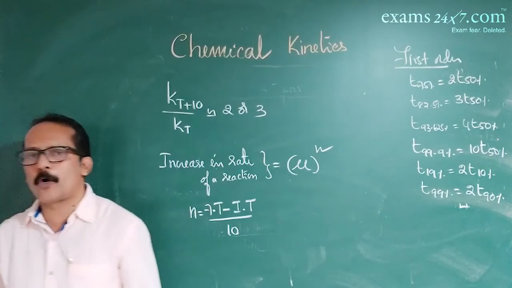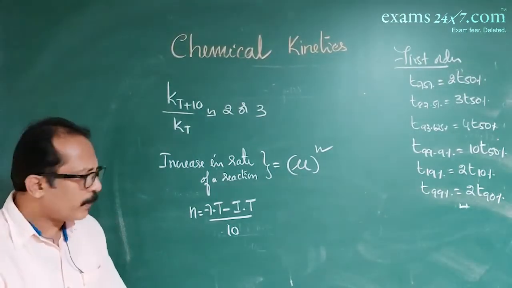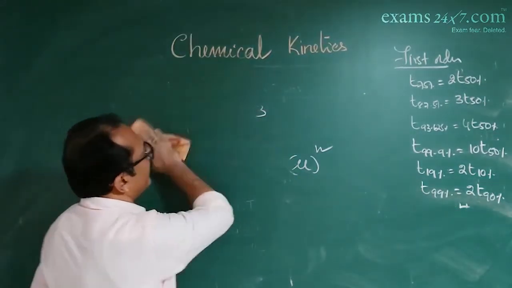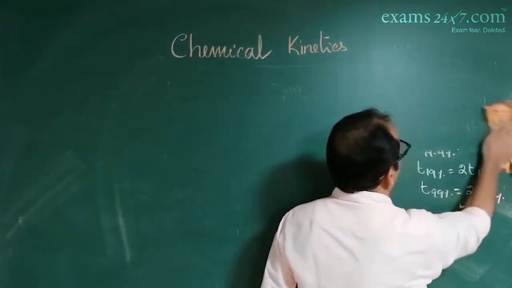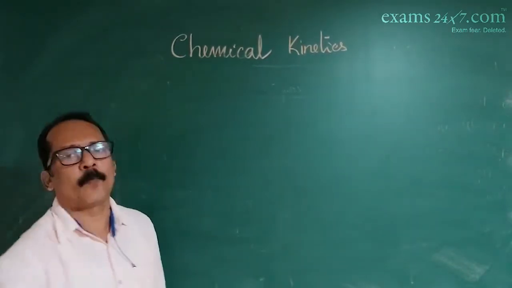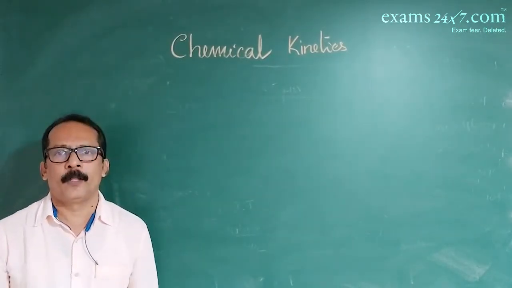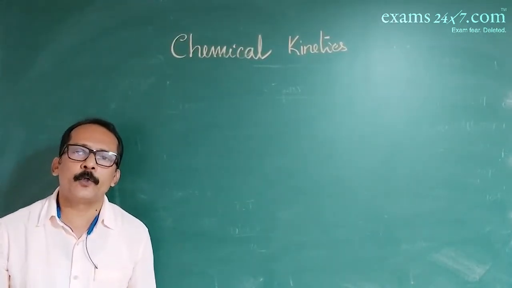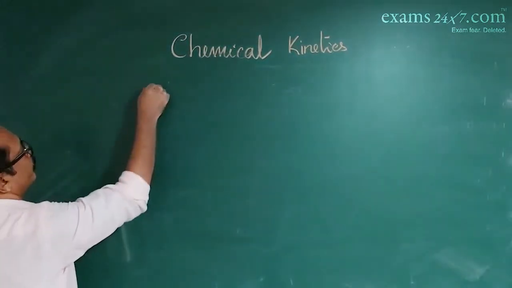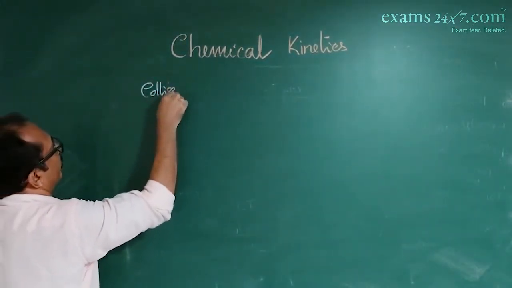The next part is about collision theory. According to collision theory, in any chemical reaction, the collision takes place between the reactant molecules. An effective collision leads to give the product. Without collision, there is no formation of product. Collision theory.